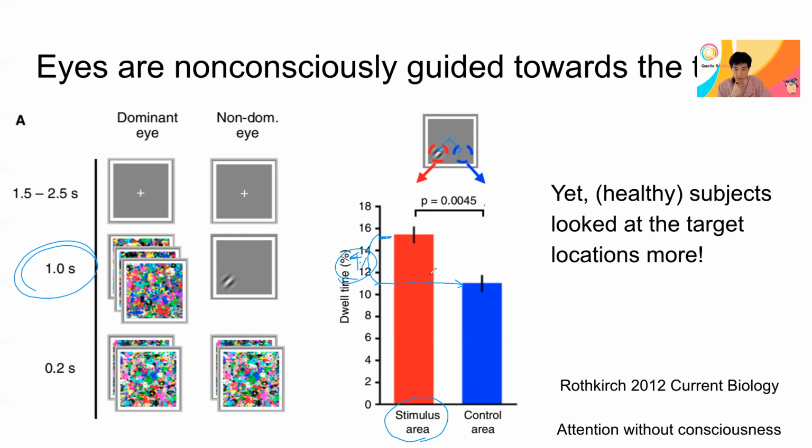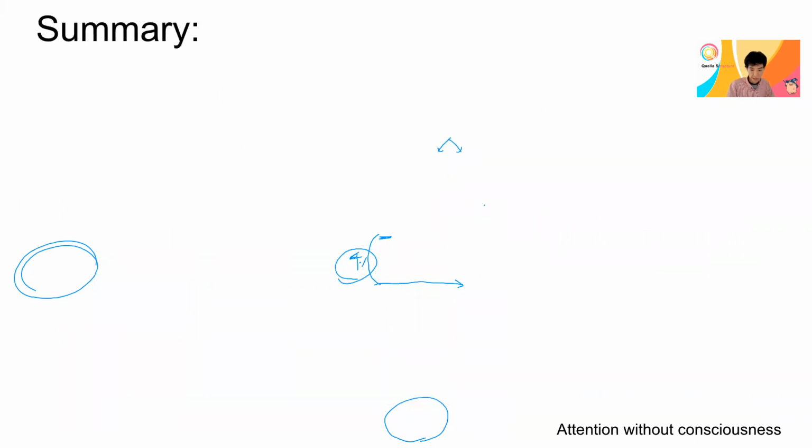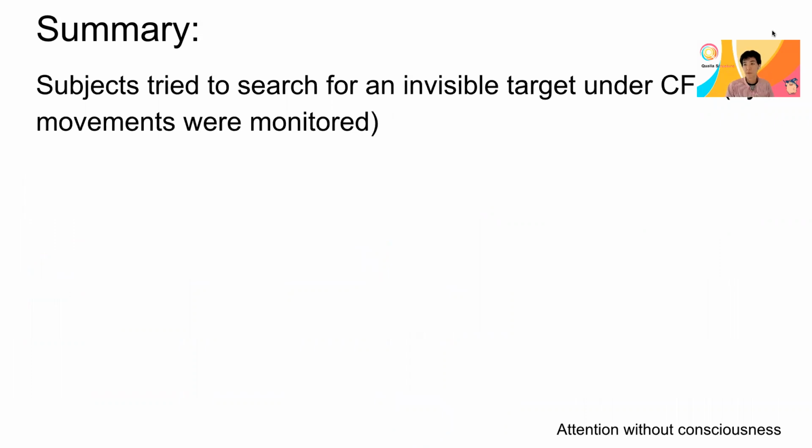But here it was quite implicit, because subjects didn't see the stimulus, and they couldn't report the location of the target or discriminate its orientation. So this is another demonstration of attention without consciousness, if you include spontaneous eye movement as evidence of attentional processing.